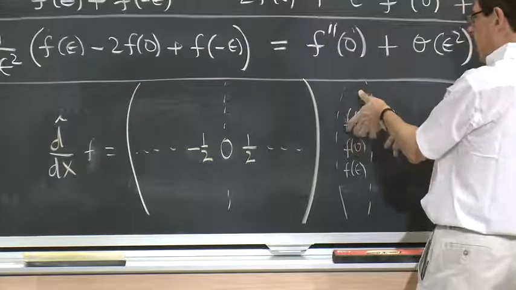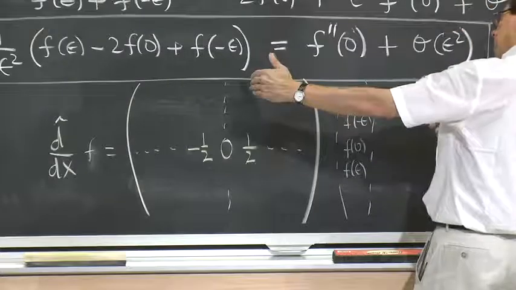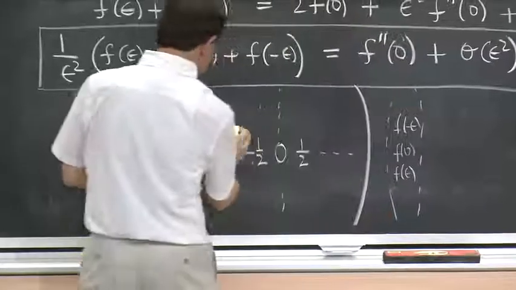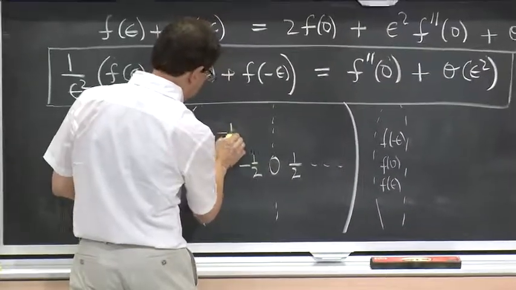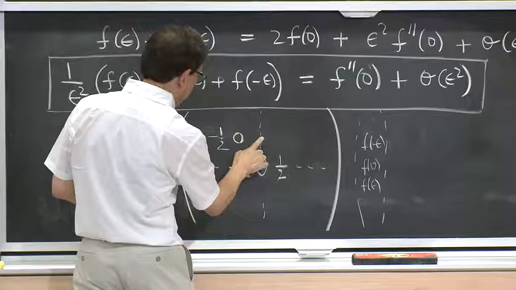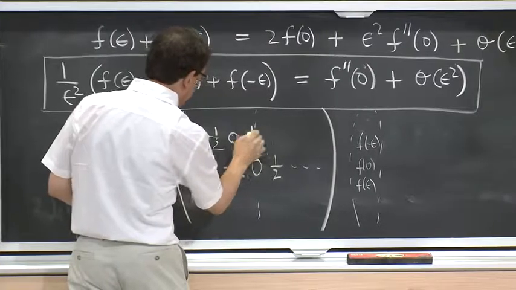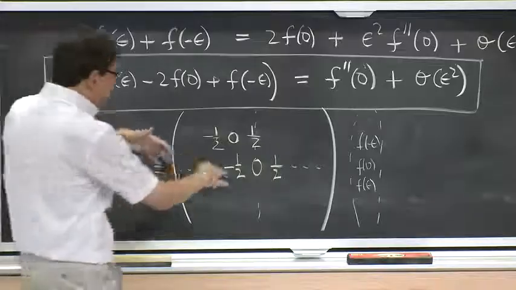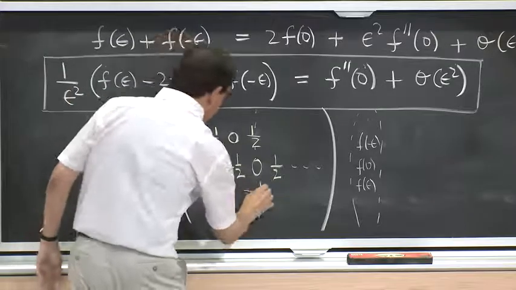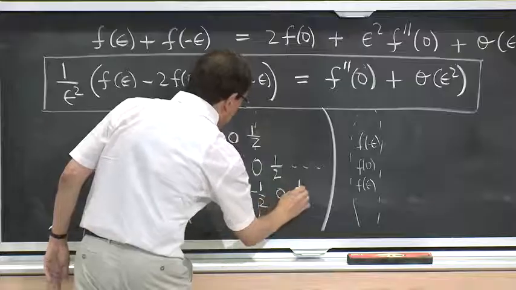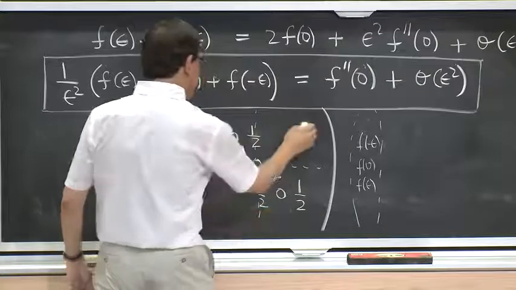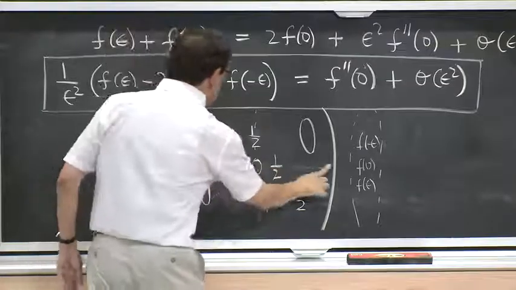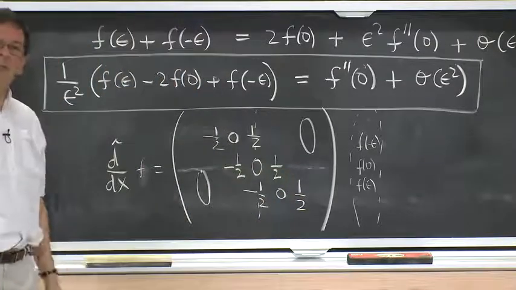So it will be shifted a step to the left. It will start multiplying a little earlier. So at the next step, it will be minus 1/2, 0, and on top of this one, 1/2. At the next row, it would be minus 1/2, 0, 1/2. And everything else is, of course, a big 0. But that's the form of the derivative matrix.